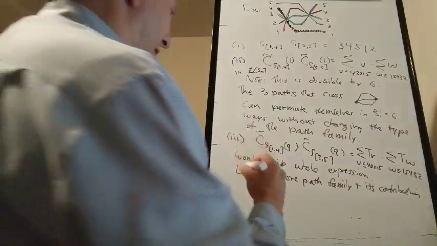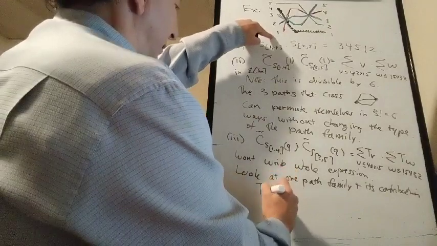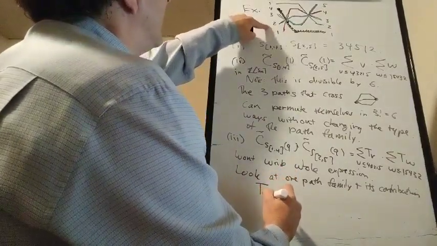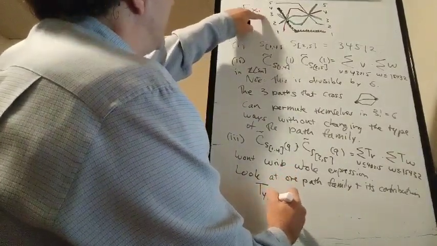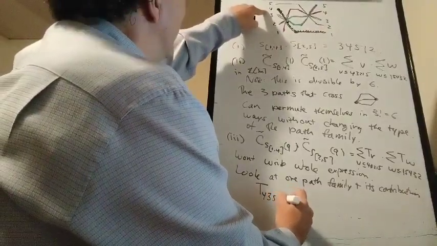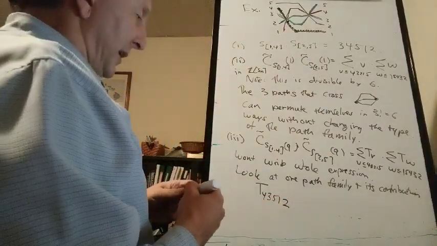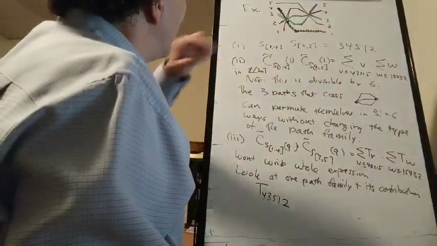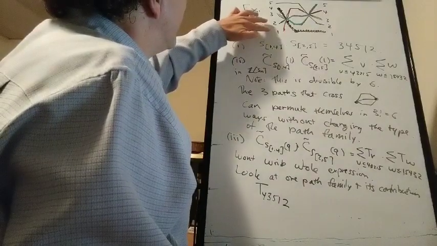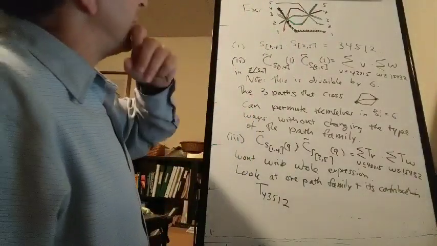So it contributes definitely to T_4,3,5,1,2. Let's see how many defects this path family has. So there's 3 paths that go through this vertex and that vertex, which could potentially cross and then meet again.